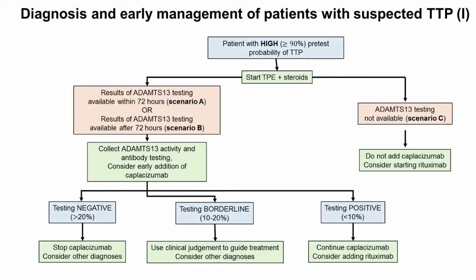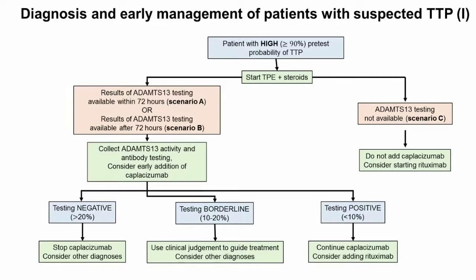You don't necessarily have to wait for the ADAMTS13 test to come back, but you do collect the ADAMTS13 before you start the plasma exchange. Like scenario A or scenario B, A will be you have a result within 3 days, or B will be having a result after 3 days. No matter what, if this patient has a high probability of having immune TTP, you do start the plasma exchange, corticosteroid, and Caplacizumab, without waiting for the ADAMTS13 to come back.